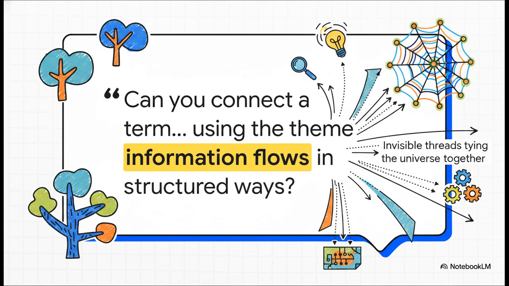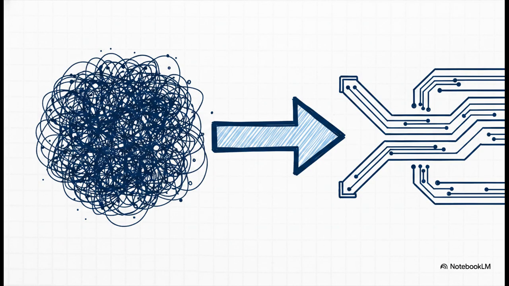This single question is a real game changer. It moves us from a fun, rapid-fire game into this deep conceptual thought exercise. It's basically asking us to look for the invisible threads that tie the entire universe together. Let's just isolate that theme for a moment. Information flows in structured ways. This right here is our core thesis for the rest of this explainer, and it truly matters.